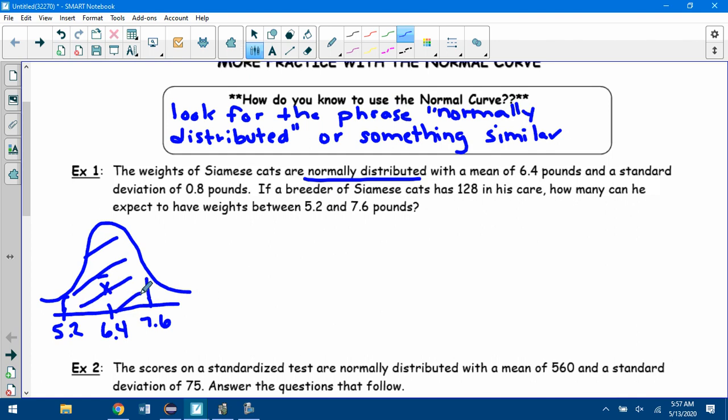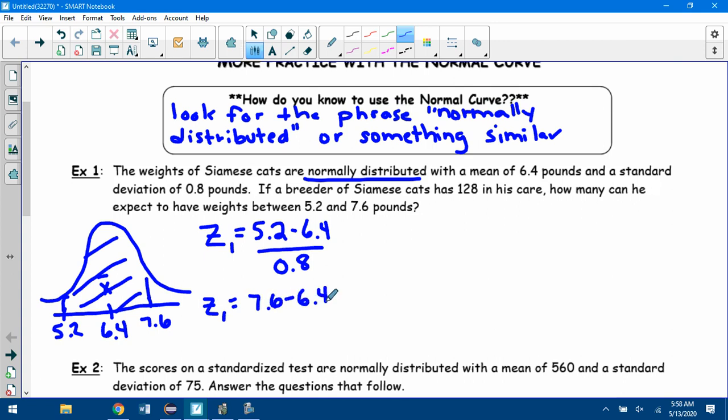Okay, so just like the warm-up, your first step is to find your two z-scores. The lower one would be 5.2 minus the mean of 6.4 divided by the standard deviation, 0.8. And the upper one would be 7.6 minus 6.4 divided by 0.8.